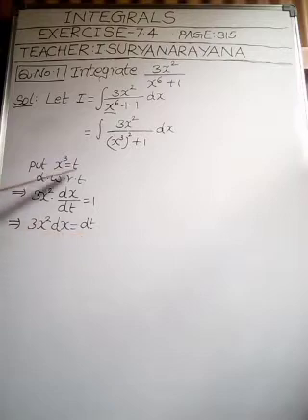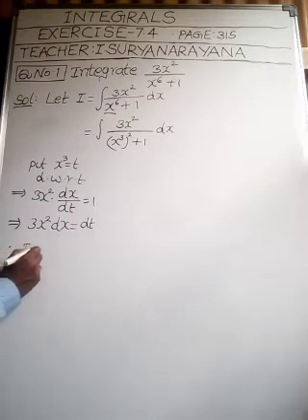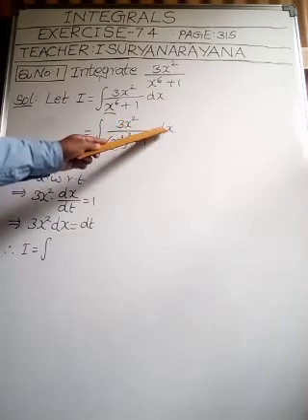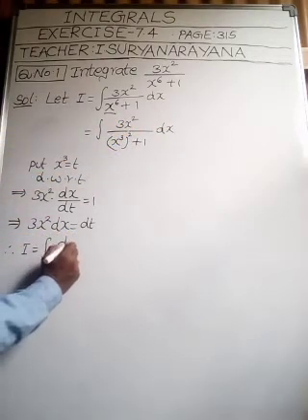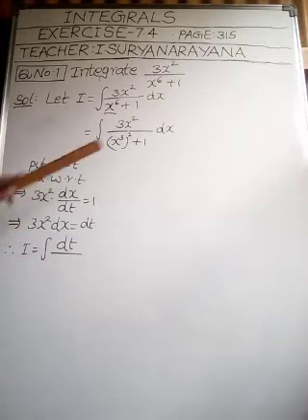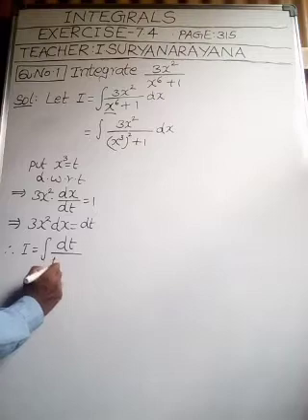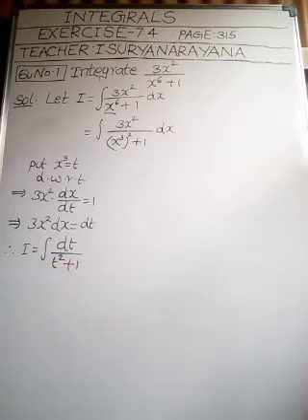We substitute these two values in this integral. Therefore, I is equal to integral 3x square dx in the numerator is there. What is the value of 3x square dx? dt, by x cube, what is x cube here? We assume t, so t square plus 1. Understood this step, my children?